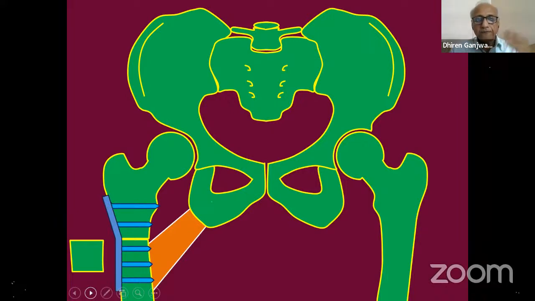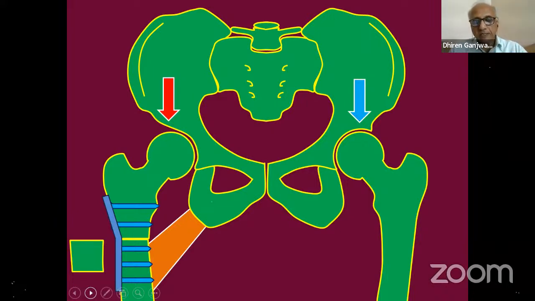And then if you look at the acetabulum, because the femoral head was not in the acetabulum, it is also not developed. We can compare that on the right side, the acetabulum is shallow.